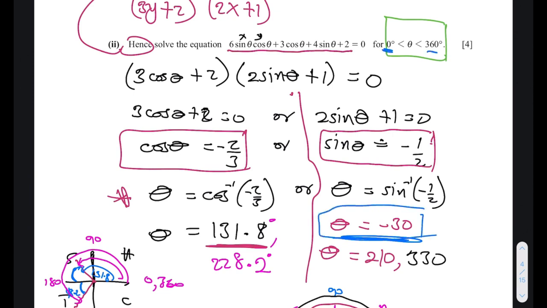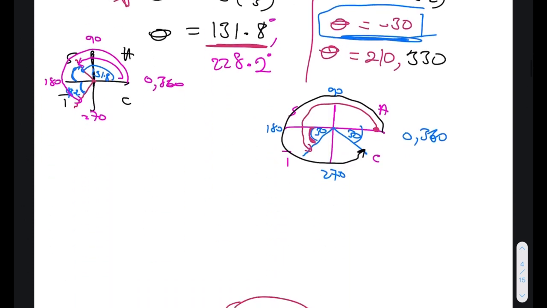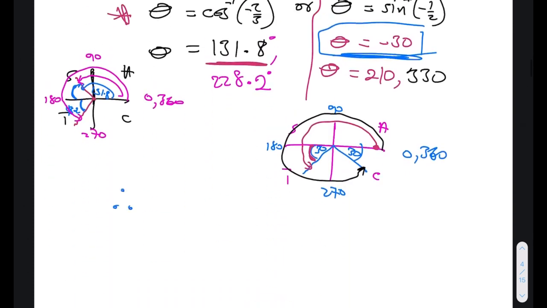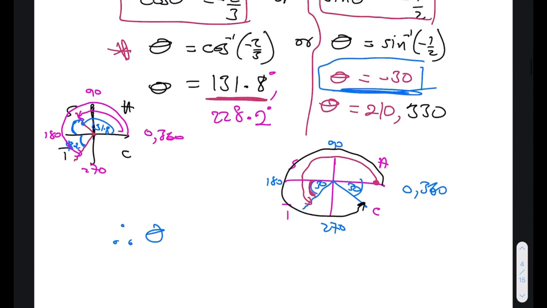It's moving from 0 all the way to 360. So our answers will be: the one from the cos is giving us theta equals 131.8 degrees and then 228.2 degrees, and the one from the sine is giving us 210 degrees and then 330 degrees. So that's how we solve a question like this.